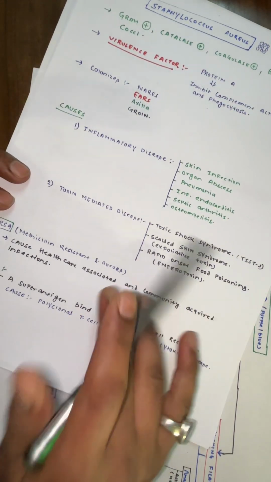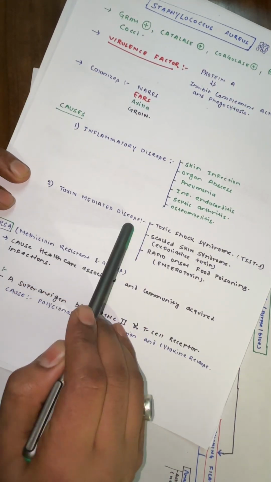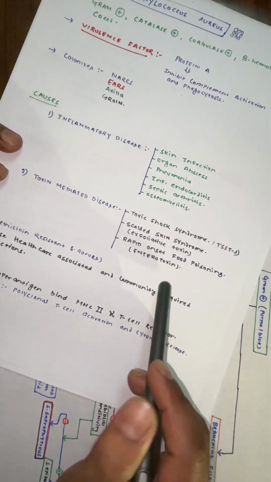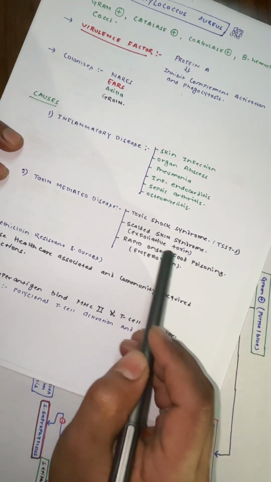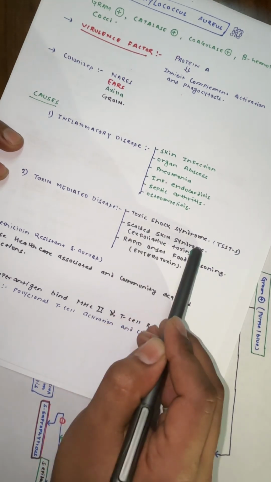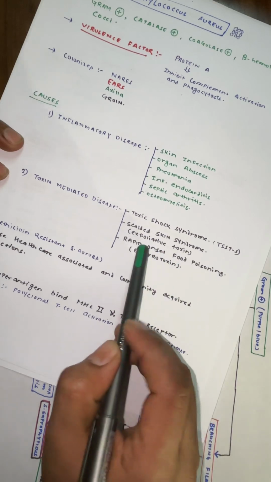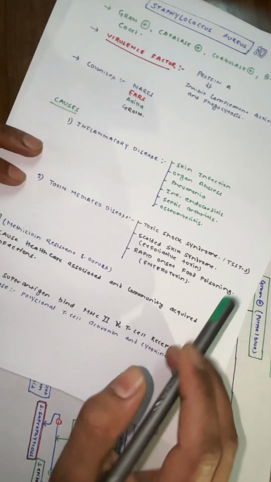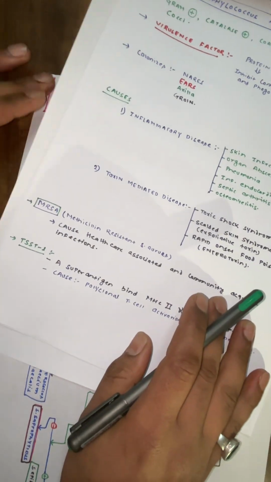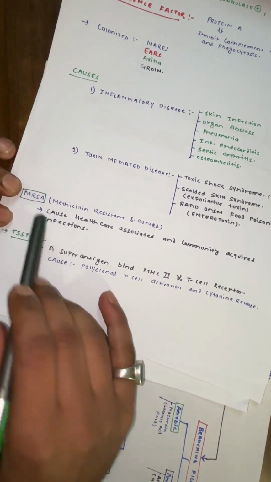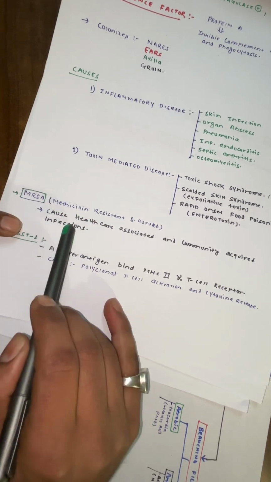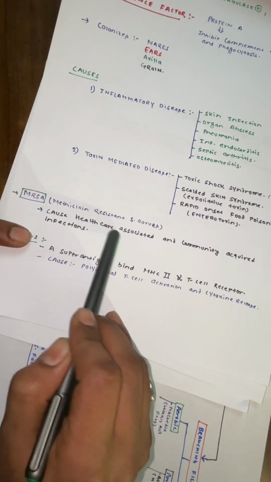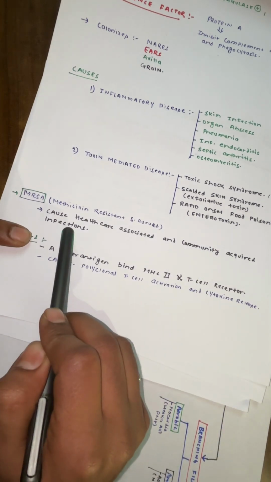It also causes toxin mediated disease. Sometimes toxic shock syndrome, caused by TSST-1. Exfoliative toxins cause scalded skin syndrome. Enterotoxin causes rapid onset food poisoning. Now a quick look at MRSA, methicillin resistant Staph aureus, which mainly causes healthcare associated and community acquired infections.